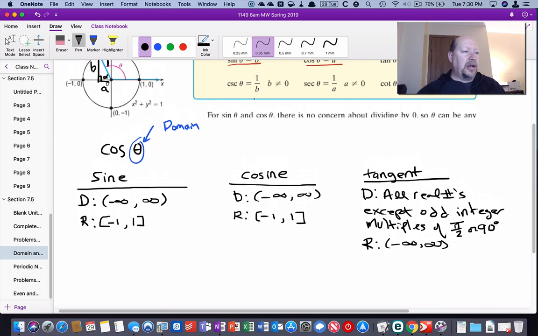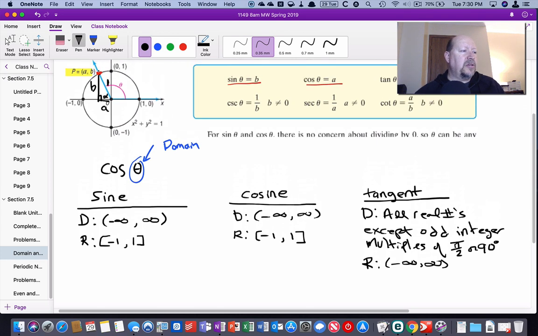Okay. Now let's talk about the cosecant. Look up here in the yellow box. Cosecant of theta is 1 over b when we're talking about the coordinates, which makes sense because the sine was b, so the reciprocal is 1 over b. But remember, since something can change down here in the denominator, if b is 0 we would be dividing by 0. So we have to exclude any angle that would have a b coordinate, which is the y coordinate, of 0.